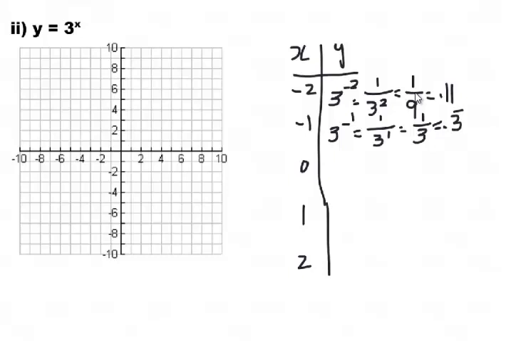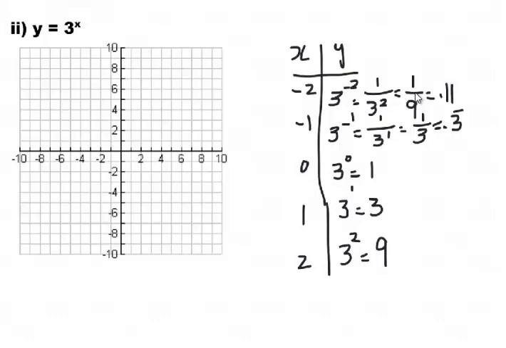When x is 0, we get 3 exponent 0, which is 1. Any number exponent 0 is 1. When x is 1, we get 3 exponent 1, which is 3. When x is 2, we get 3 exponent 2, which is 9.